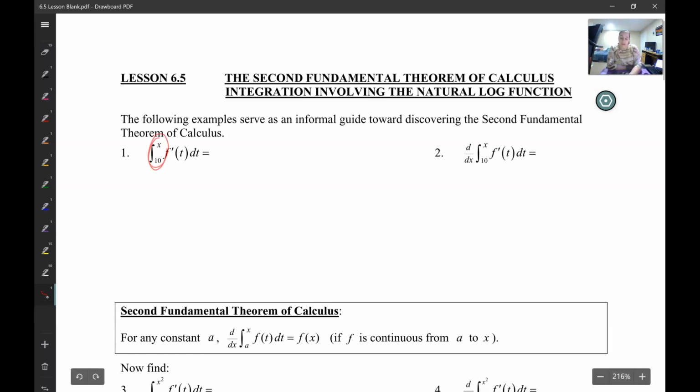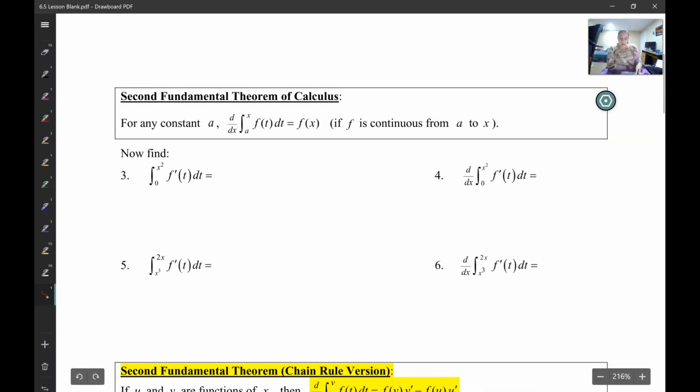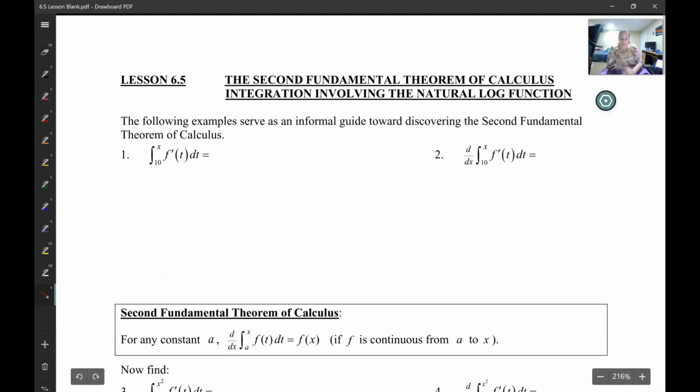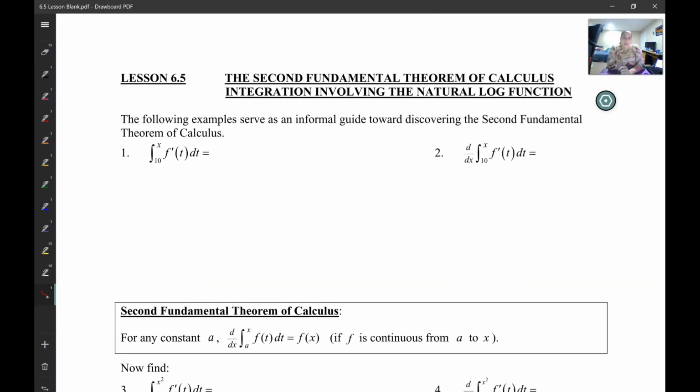I could have limits where they're equations even. So looking down here at these ones, these limits are getting into the realm of equations, not numbers. That's where the second fundamental theorem of calculus comes in. It's about how to find these definite integrals when your limit isn't a number.